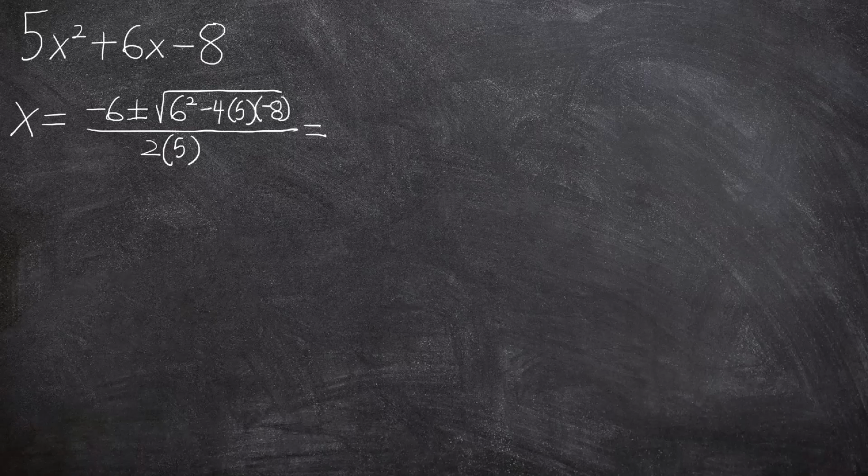Okay, let's do the evaluation, meaning the basic math. 6 squared, 36. Negative 4 times 5, negative 20. Negative 20 times negative 8, 160. And this will become positive since we do have a negative sign. And 2 times 5, 10.